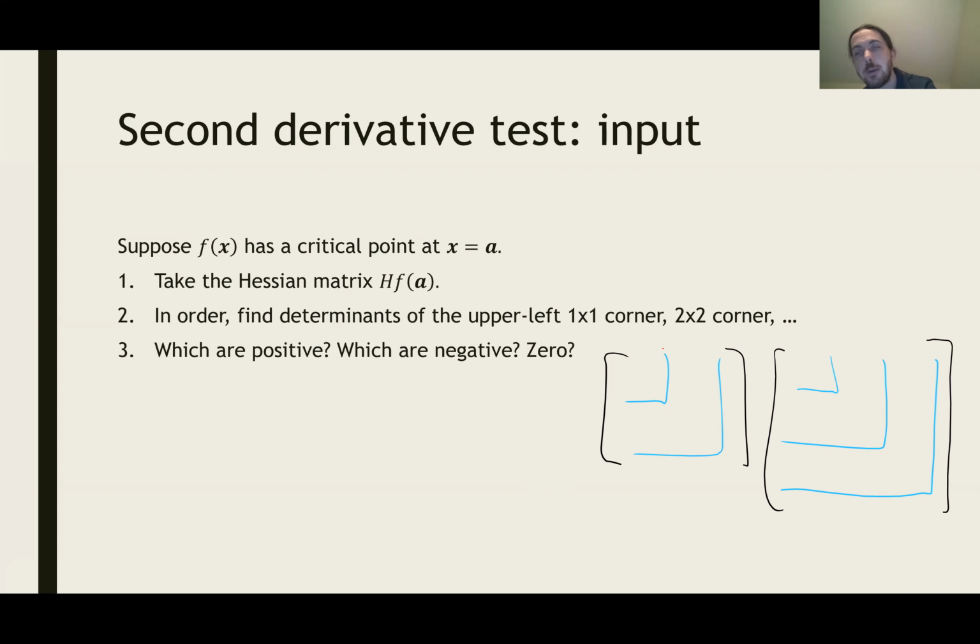And then we step through this matrix one by one, and we draw little squares, and we calculate their determinants. So we calculate the determinant of the little 1 by 1 matrix in the corner, then the determinant of the little 2 by 2 matrix, and then if we're in 3 dimensions or higher, we calculate the determinant of the little 3 by 3 corner, and we do all of those. And we check which of those determinants are positive, which are negative, and which are 0.